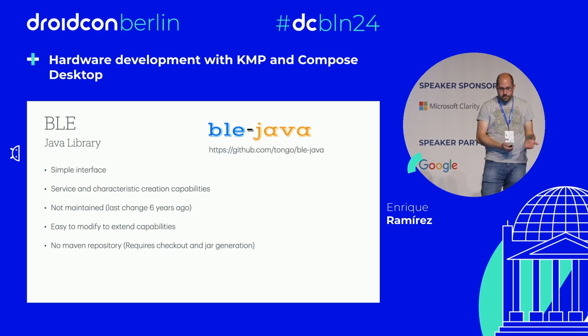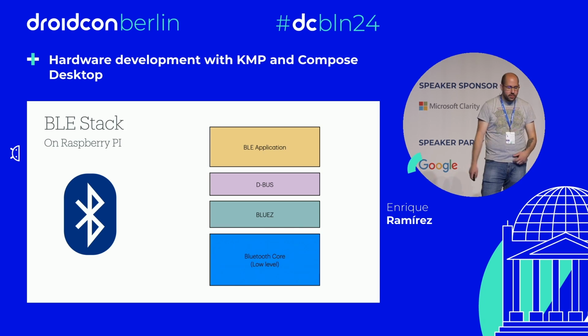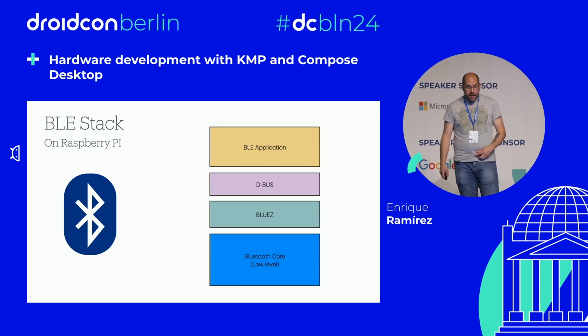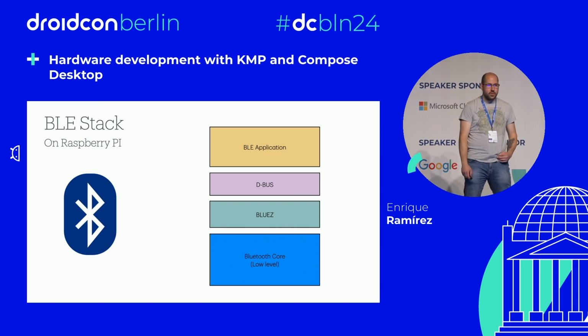You can download it, and it's easy to modify. If you have had a look at how to do stuff with the Raspberry Pi and Bluetooth Low Energy, you have a little bit of a problem at the beginning because there are no examples. Everything is Python, and it's amazing the lack of examples that we have for Java.